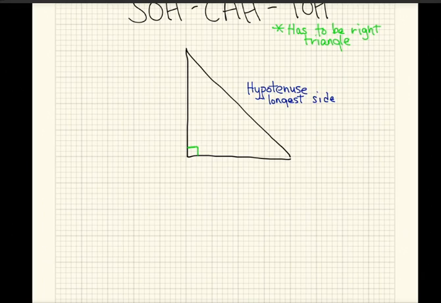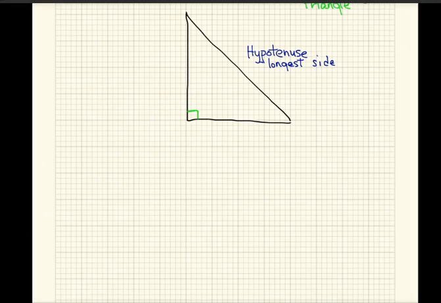The other thing that we're going to do, let's do this in pink, is we're going to do this angle. This angle is the angle that we're going to call theta. So that's your angle of reference, right? If we were using sine and cosine to do this, that would be the angle that you were looking at.